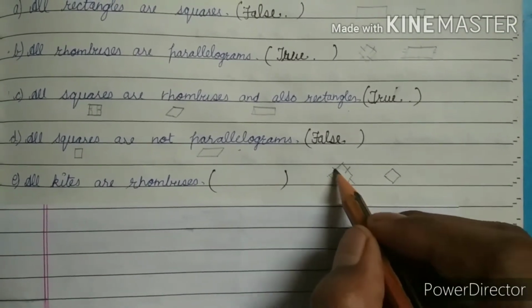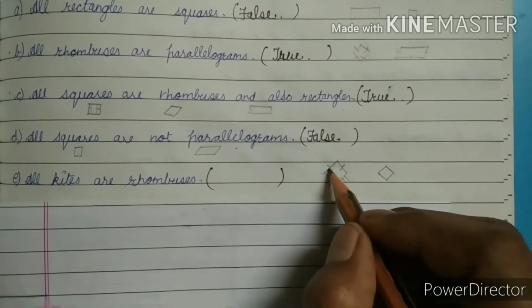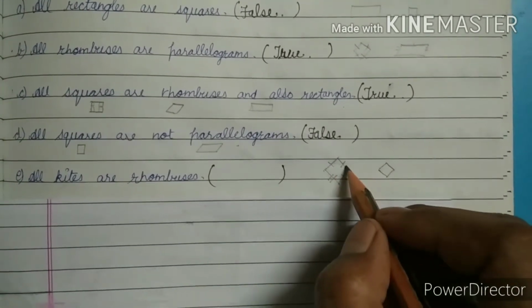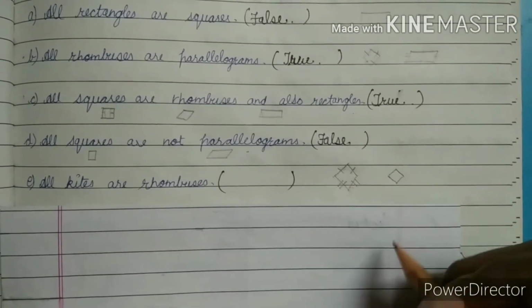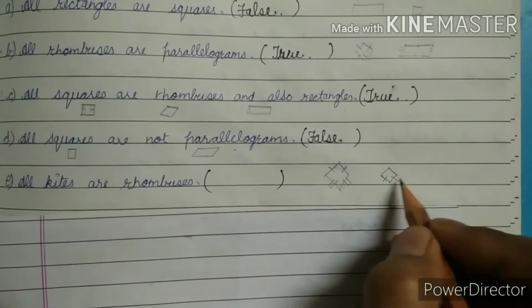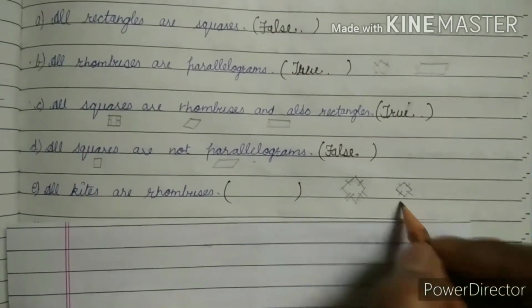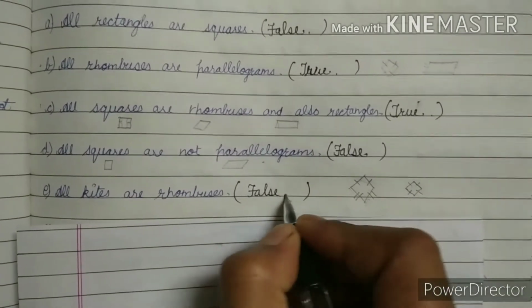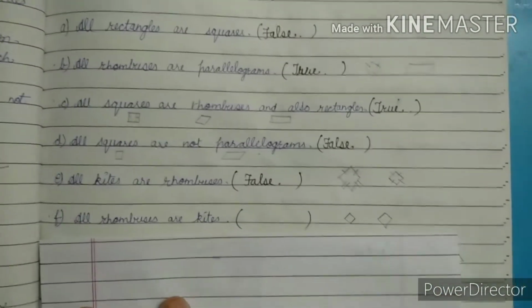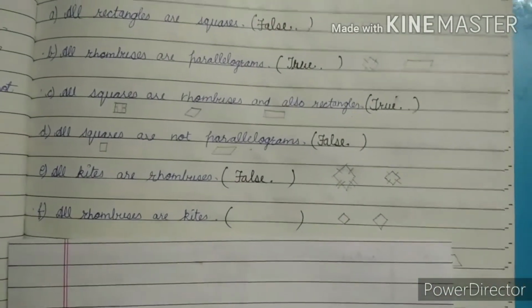Their opposite sides are not equal, but their consecutive sides are equal. They are telling us all kites are rhombus, but in a rhombus all sides are equal. That's why the answer here is false.